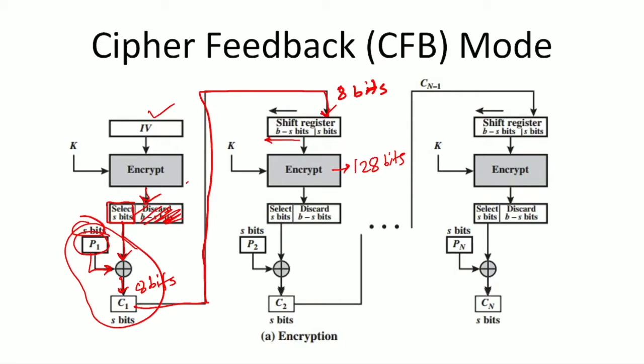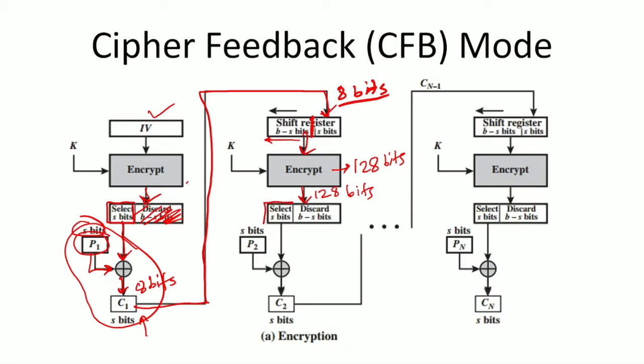We left shift it by S bits. So for example, in this case, let's say we have S equal to 8. We left shift it by 8 bits. Then we add the bits from the previous ciphertext block into the last S bits here. So this will give us 128 bits, and then we encrypt it again using the block cipher, and we get back again 128 bits.